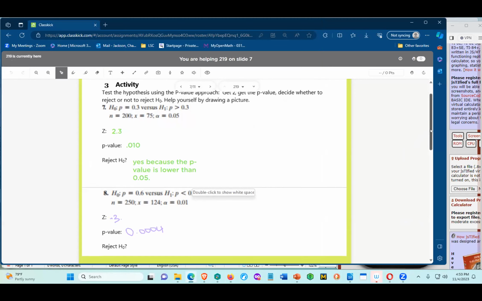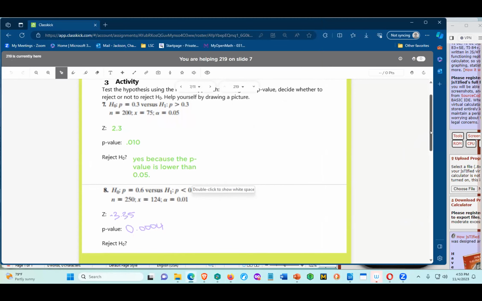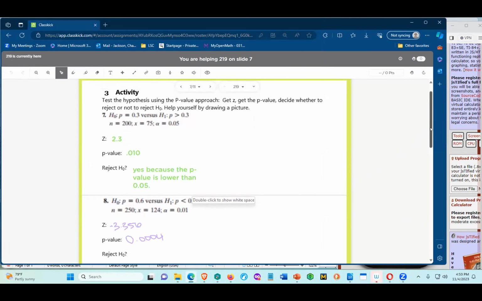I'll bounce back and forth with the tech, or maybe I'll just eyeball it and say, yeah, that looks right. I've already looked at the test Z and the p-value. I know those are right.